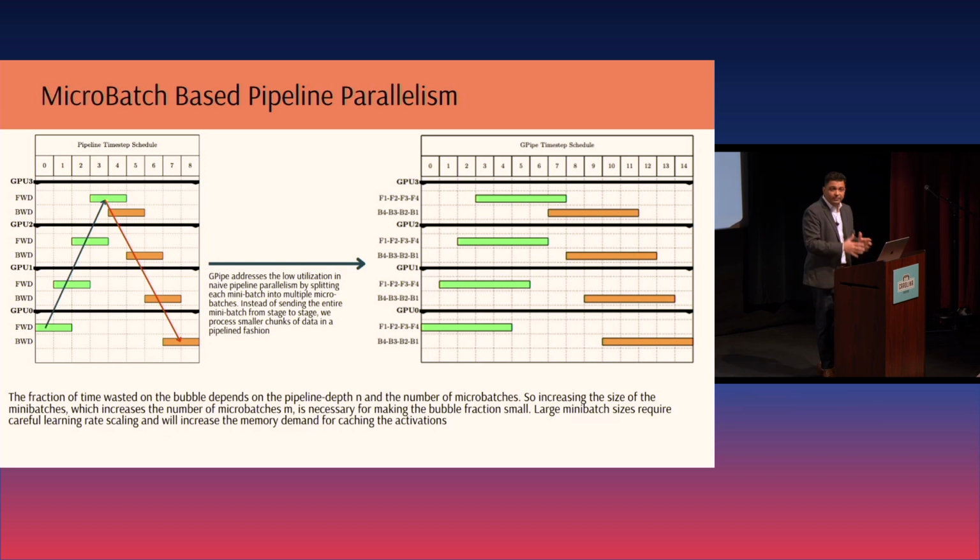There are different strategies that are being looked into. One is micro batching. What you are essentially doing is further batching your data, so imagine you're flooding your inputs with small micro batches.